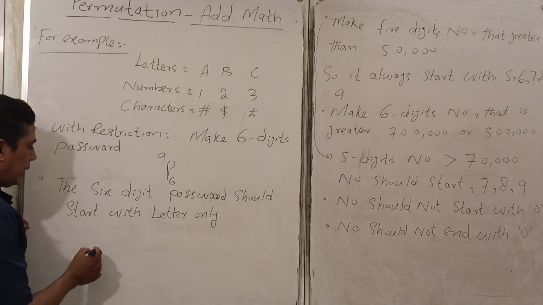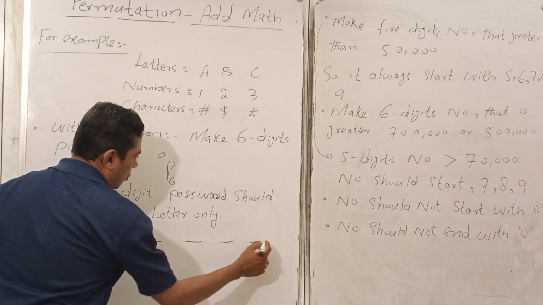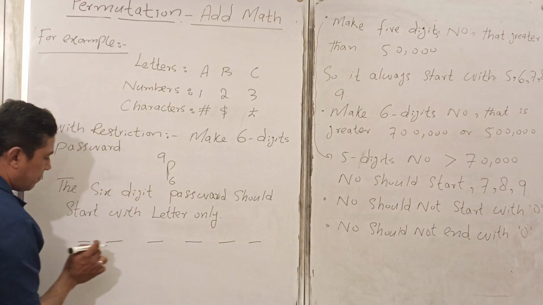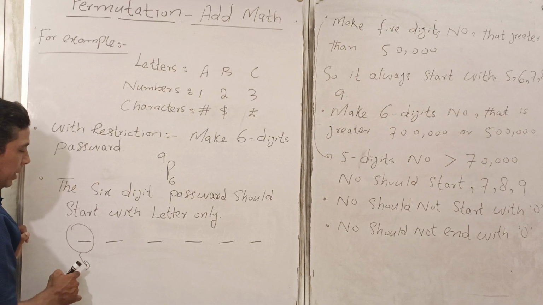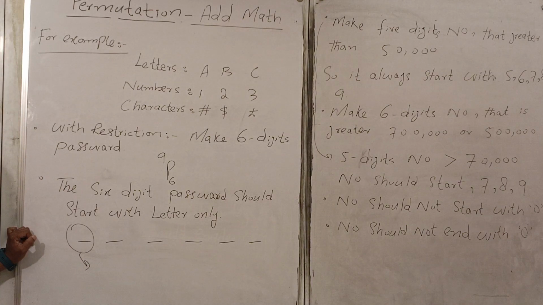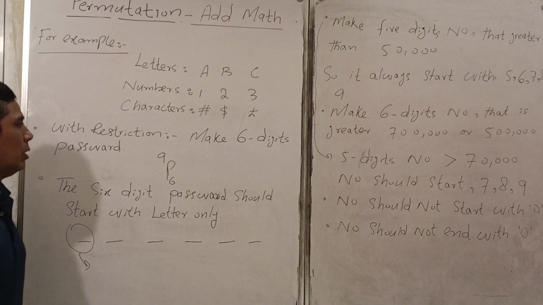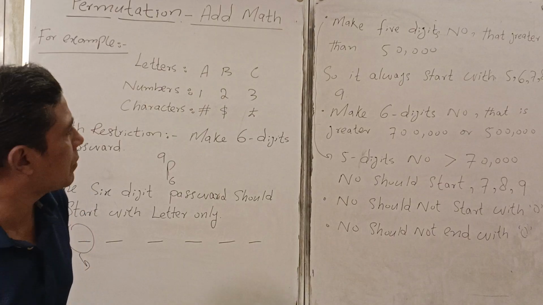What does it mean? If you have a 6-digit password, positions 1, 2, 3, 4, 5, 6, then in the first place you always have a letter. Am I right? Yes. So this is one kind of restriction related to these questions.